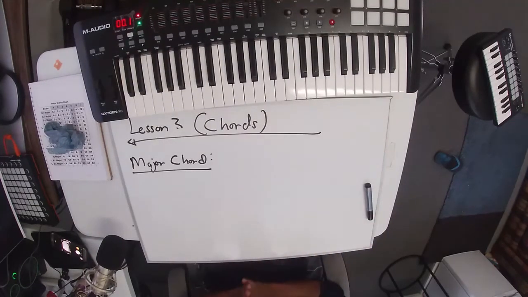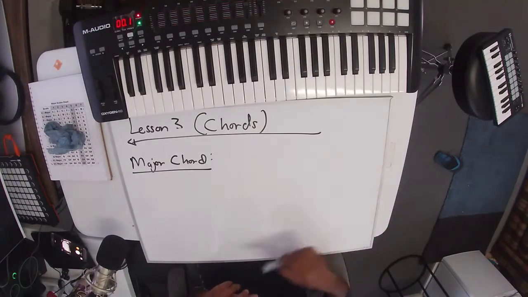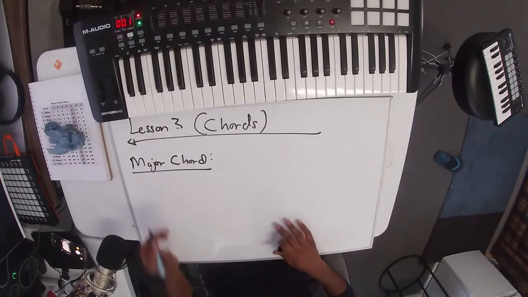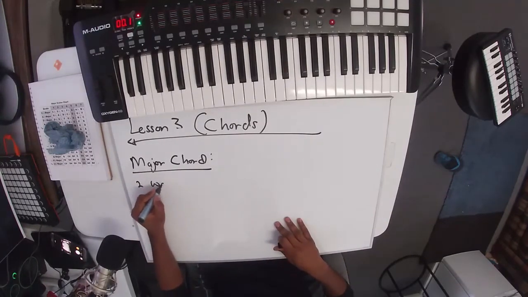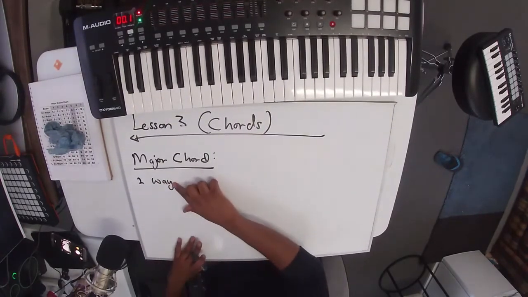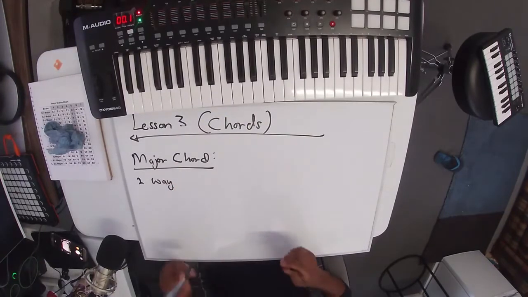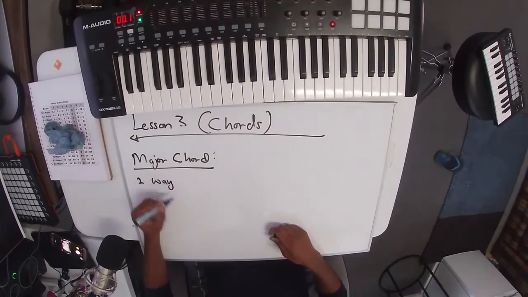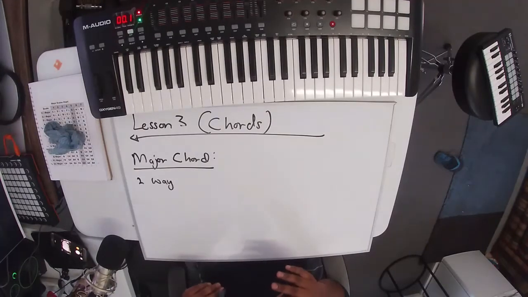There are several ways that a major chord can be formed. I'm going to show you two ways. The first way, which is my favorite, and both ways are important. It's important to know how to form chords using these two methods.